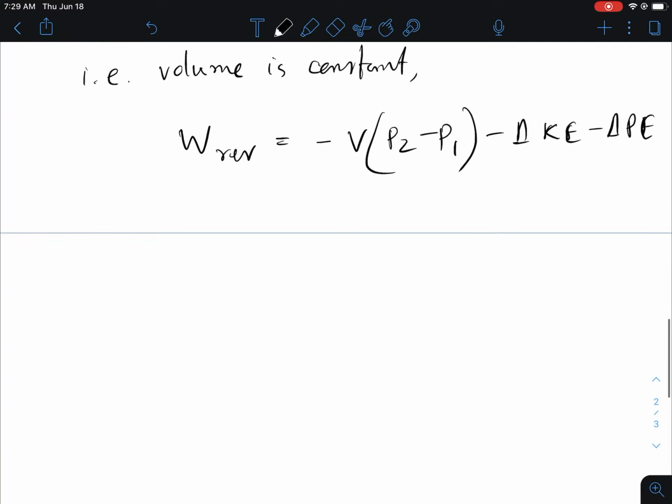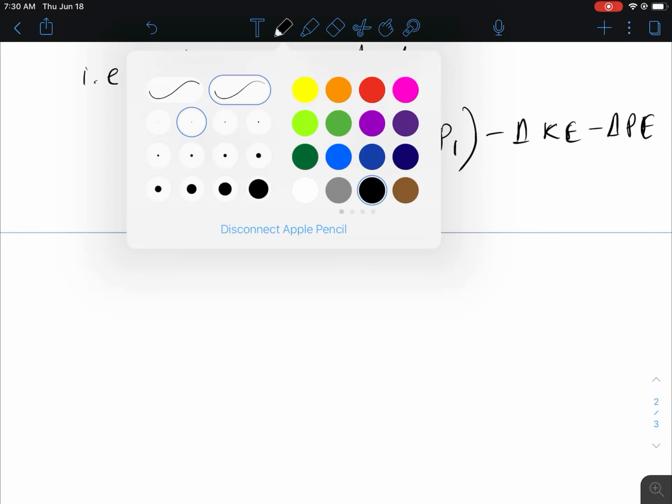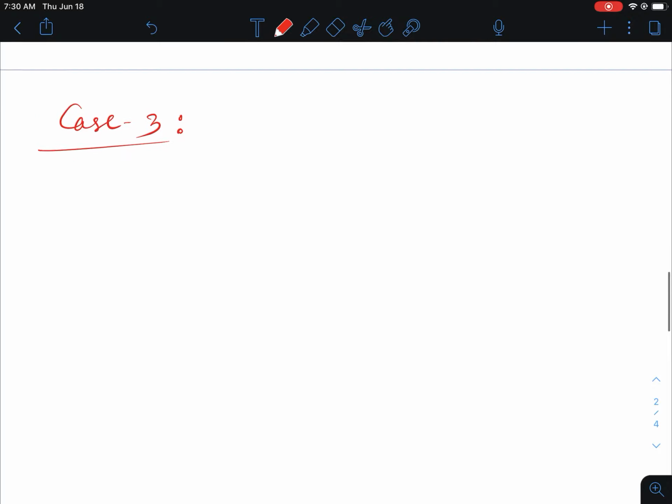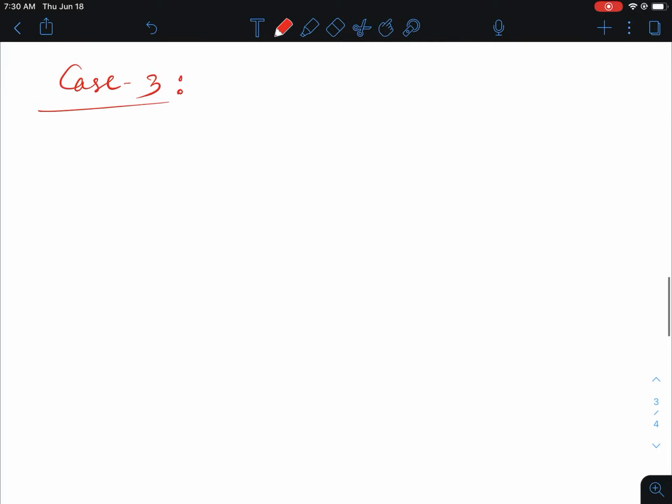And then another case, case 3, is for a steady flow of a liquid through a device that doesn't involve any work. For example, a pump involves work.